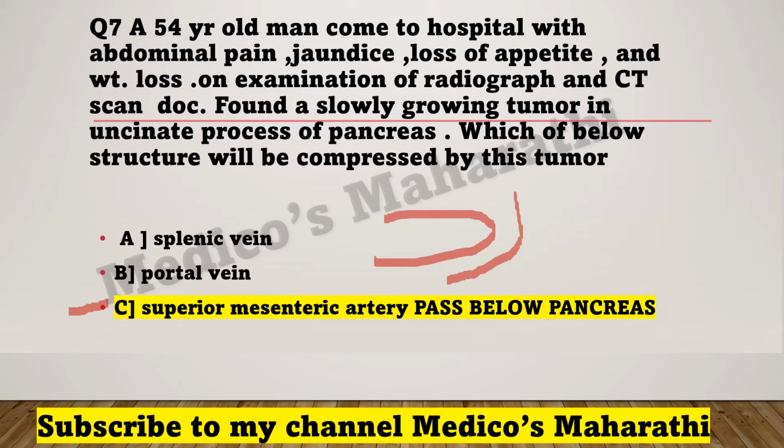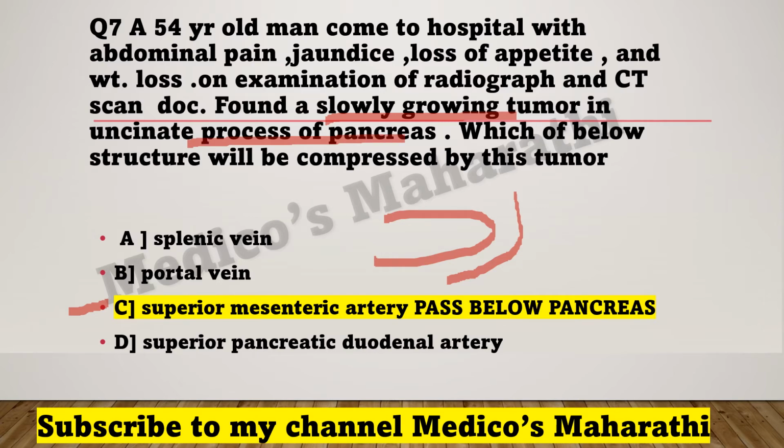So this structure will be compressed by the tumor, because the doctor found a slowly growing tumor in the uncinate process of the pancreas. If the pancreas gets a tumor, then the artery which is compressed is the superior mesenteric artery.